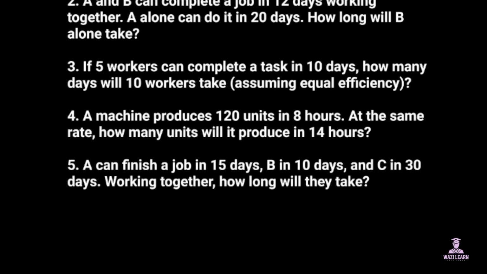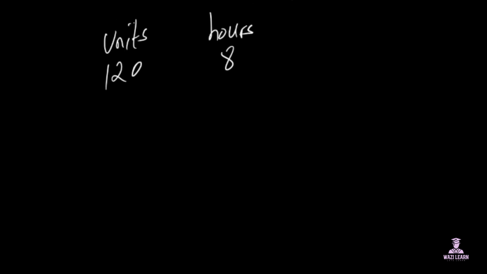At the same rate, how many units will it produce in 14 hours? 14 hours, so this one will be more units. So as the hours increase from 8 to 14, the number of units also will increase.